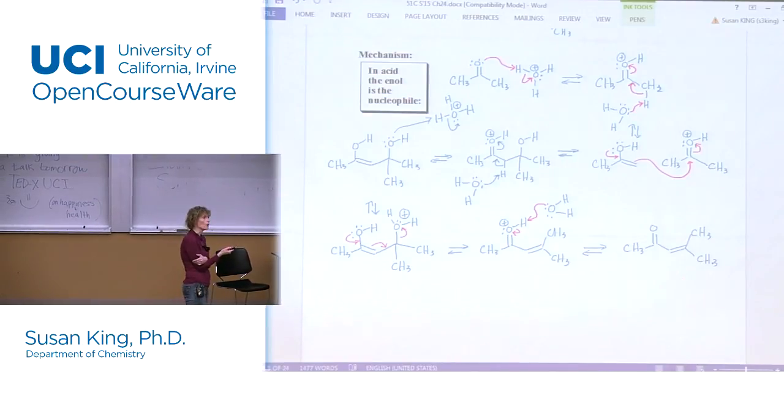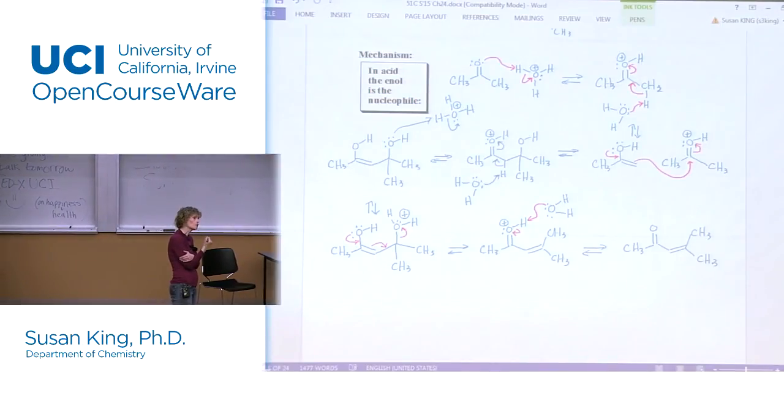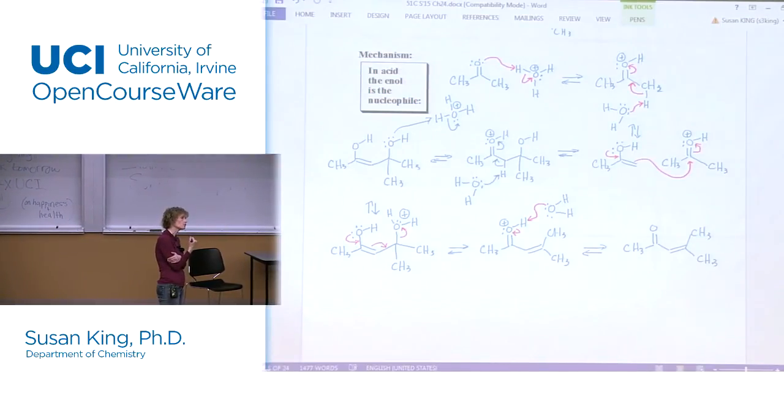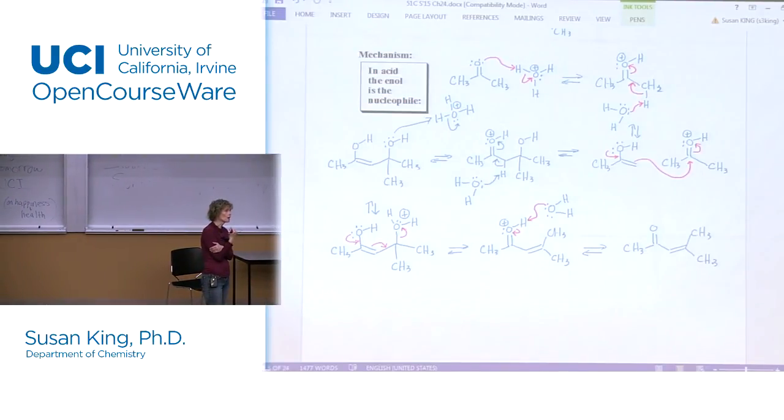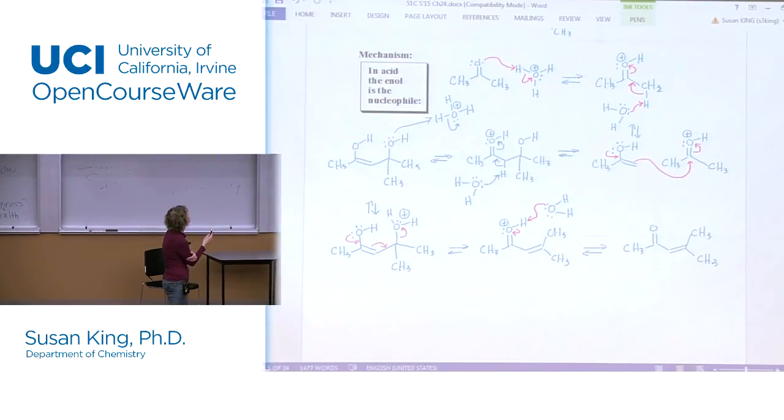It absolutely will, but that goes to a hydrate, which is not stable. You are going to form a lot of hydrate in this reaction. You won't isolate hydrate. And how do we know that? How can we know that? If you take labeled water, so O18 water, and you do this reaction, you will have O18 in the carbonyl.